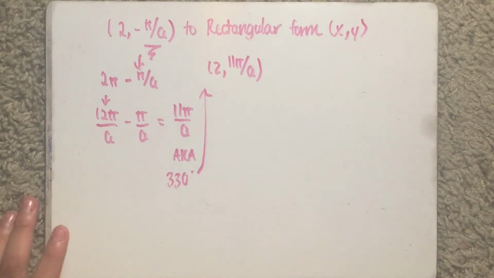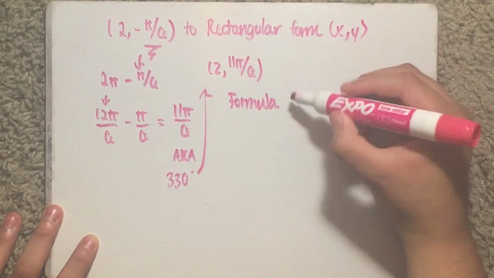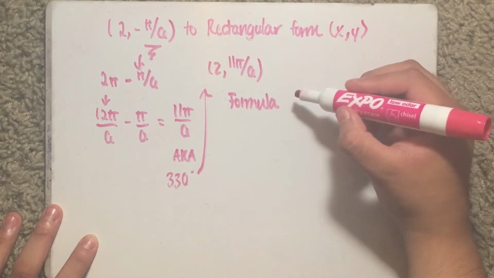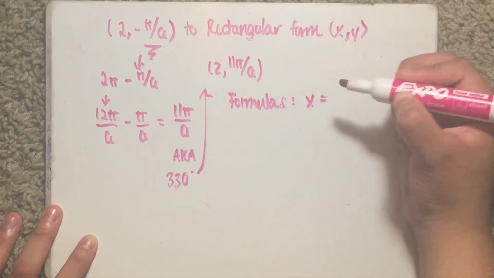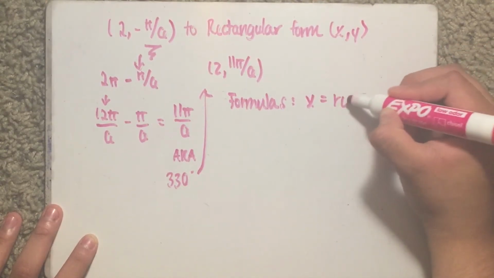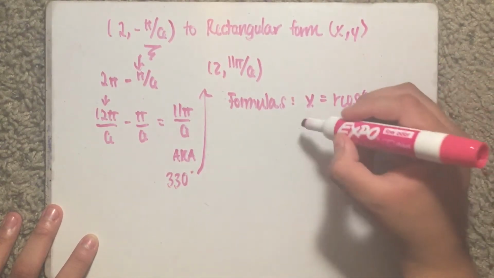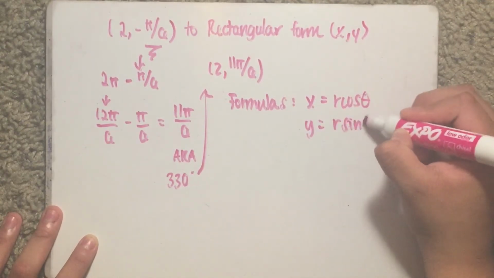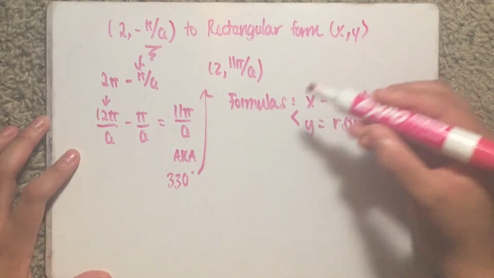So we have 2 comma 11 pi over 6, and there are actually 2 formulas we're going to be using. We're going to convert this to the x and y value for our rectangular coordinate, and for the x it would be r cosine theta, and y would be r sine theta. And the r again is the 2, which represents the radius or the magnitude.